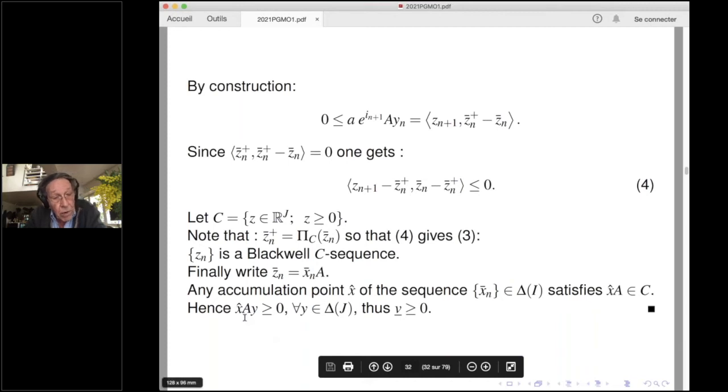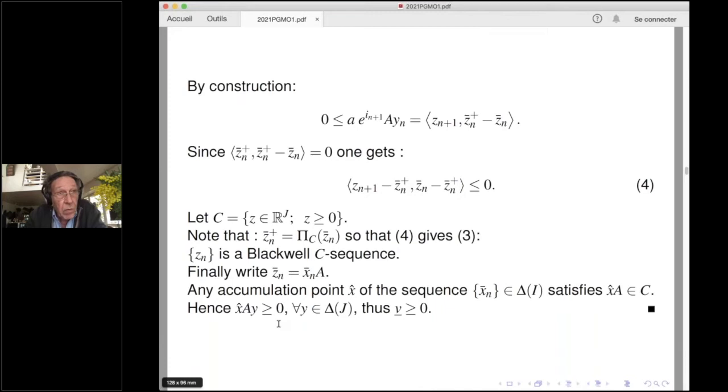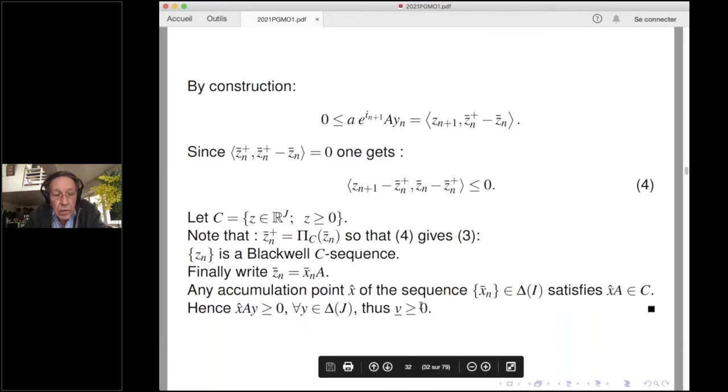So x A y is positive for every y. This means that player one can guarantee 0. So the lower value is greater than or equal to 0. So we proved that if the max min is 0, then the min max is greater than or equal to 0. And this is the min max theorem.